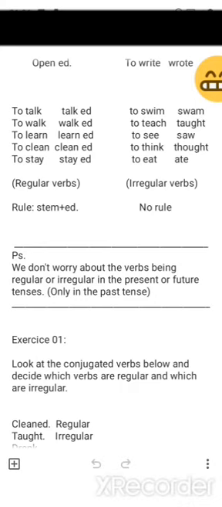So to talk is a verb in the infinitive. If we want to conjugate it in the simple past, we guard the stem and we add ed. To talk, talked. To walk, walked. To learn, learned. To clean, cleaned. To stay, stayed. So when a verb is regular, if we want to conjugate it in the simple past, we guard the stem and we add ed.